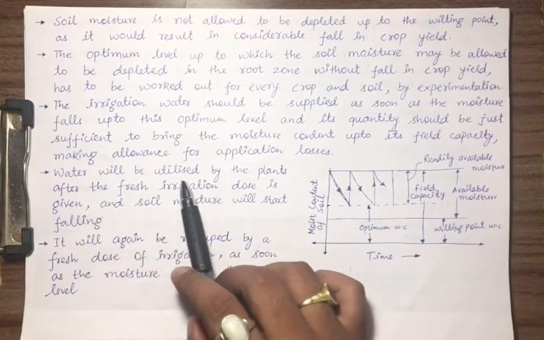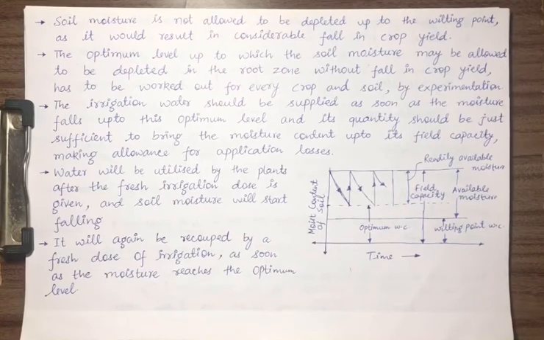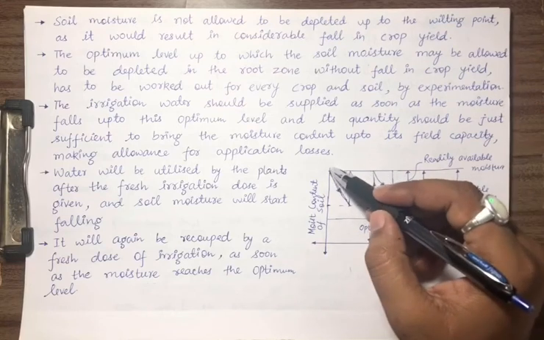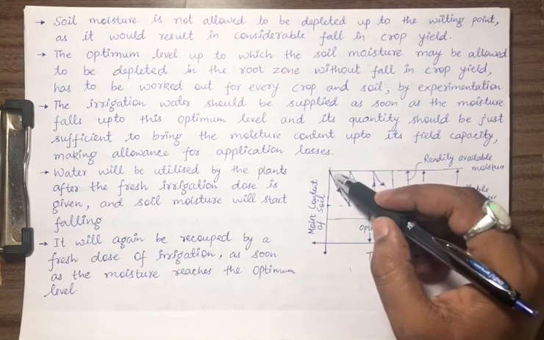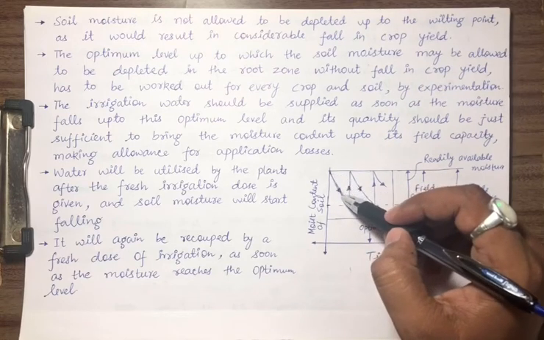Water will be utilized by the plants after the fresh irrigation dose is given, and soil moisture will start falling. Okay, so we have started here. As time passes, plants will use the water and the moisture content will start decreasing.